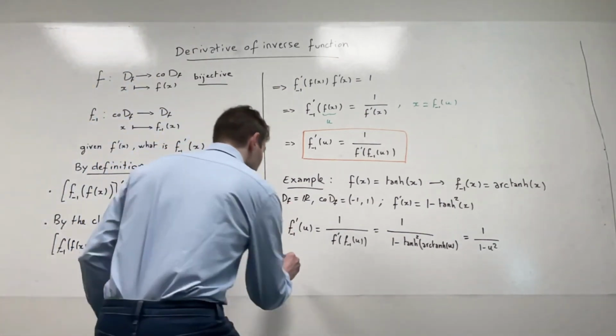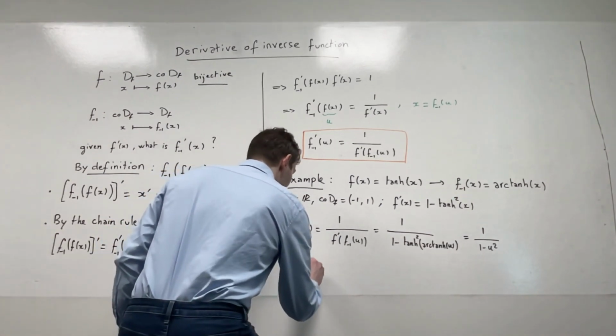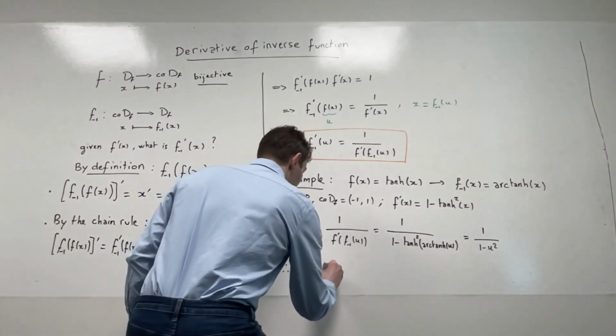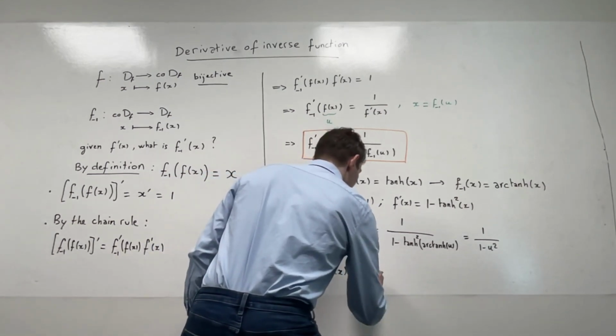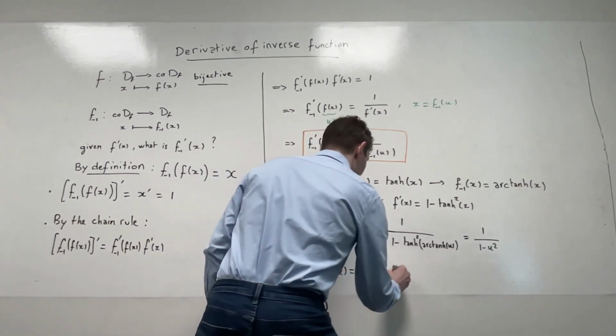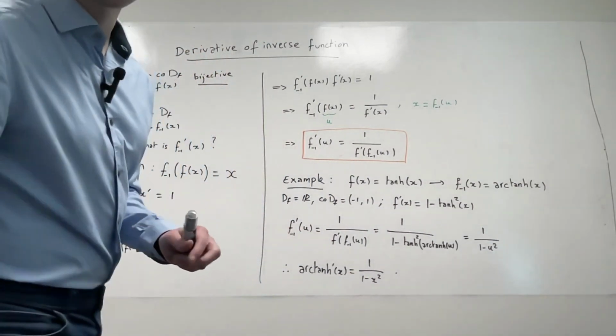So from this, the conclusion is that arctanh prime of x is equal to 1 divided by 1 minus x squared, which again is very useful when integrating.